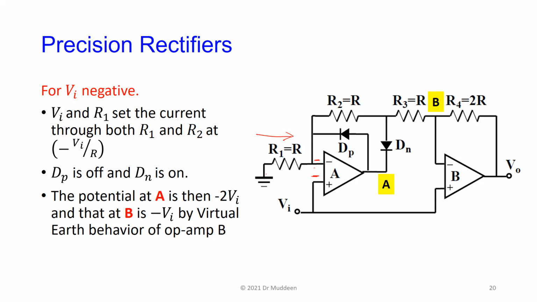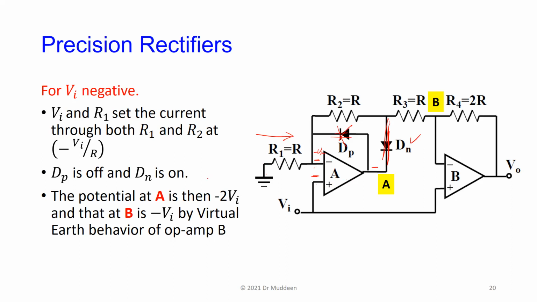The current now is minus V in over R, because this is minus V in. If the current is going here, then here's negative, because it's a non-inverting amplifier. So this guy is off, and this guy is on, so we have a short circuit connecting here.